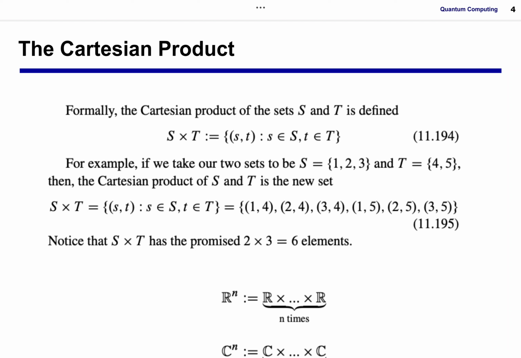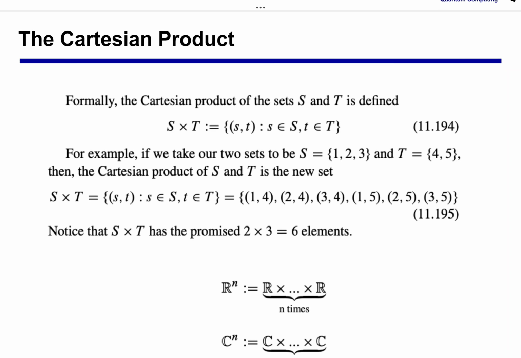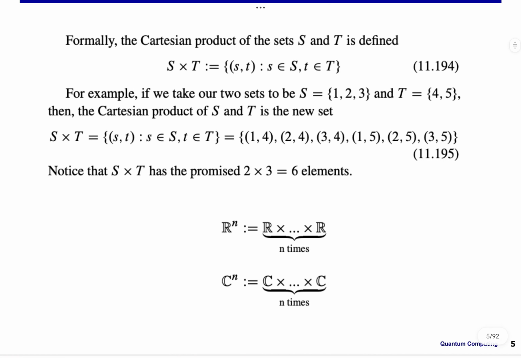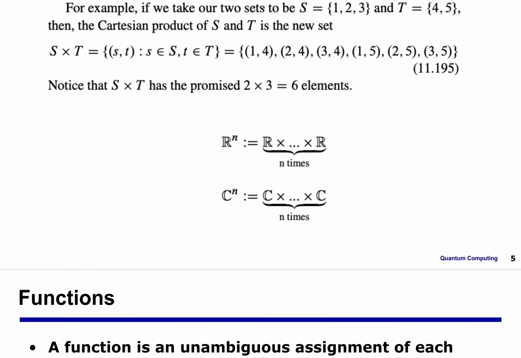For example, if we take two sets like 1, 2, 3, 4, 5, the Cartesian product is another combination, a bit like the tensor product. It's just a combination. So what do the R, N, and C^n notations mean?